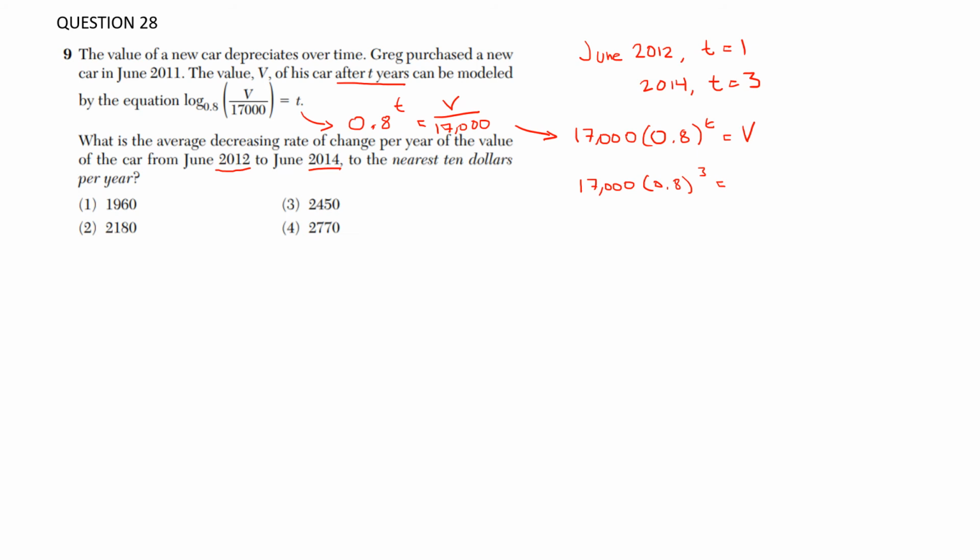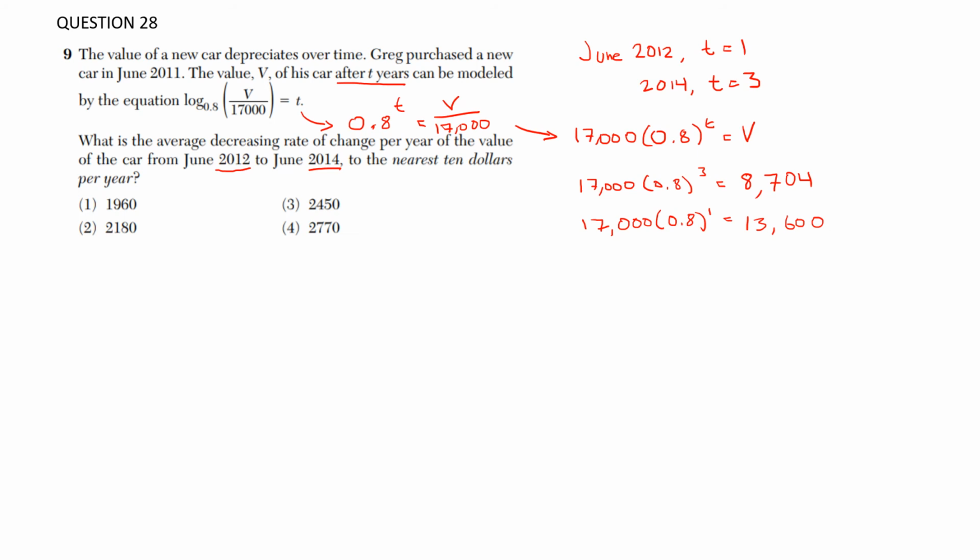And the answer is 8704. And then we can do it for when t equals 1, which is June 2012. 17,000 times 0.8 to the first, which is just 0.8, gives us 13,600.